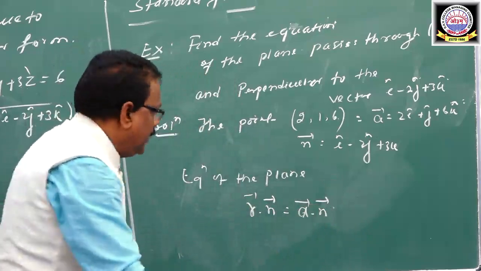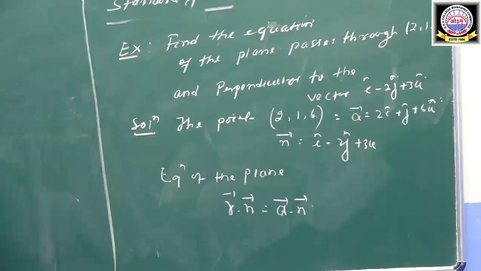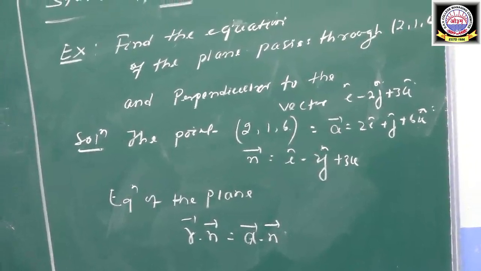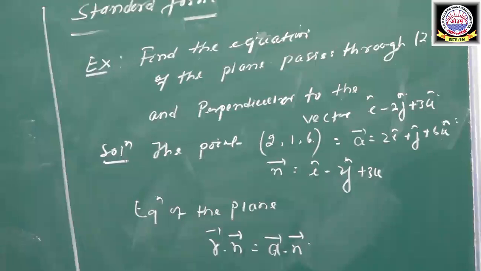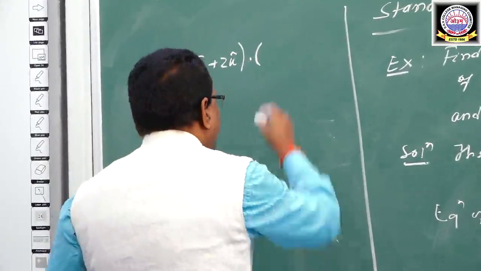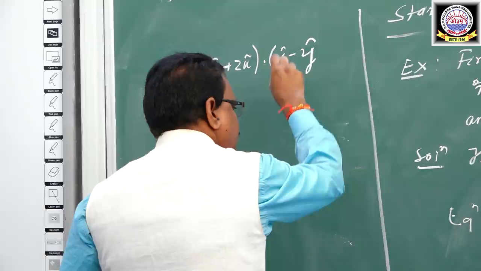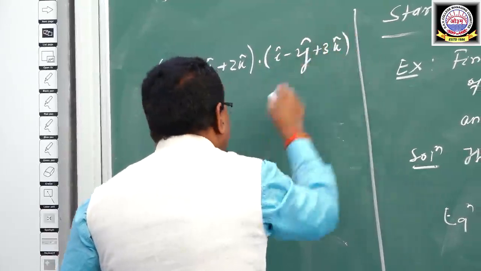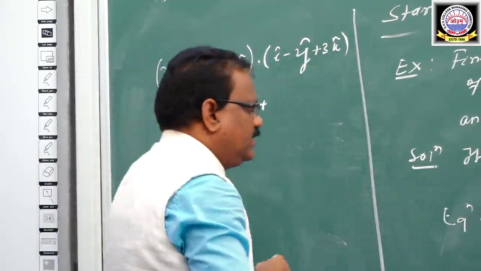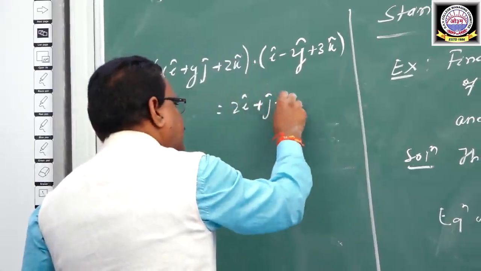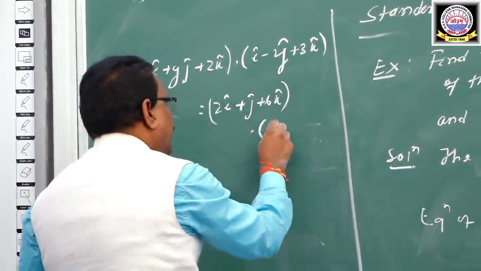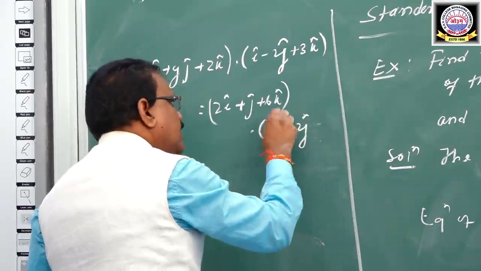Put r dot n, I am writing here. r dot n means xi plus yj plus zk dot n, and n is already there: i minus 2j plus 3k, is equal to a dot n. a is 2i plus j plus 6k dot n, i minus 2j plus 3k.